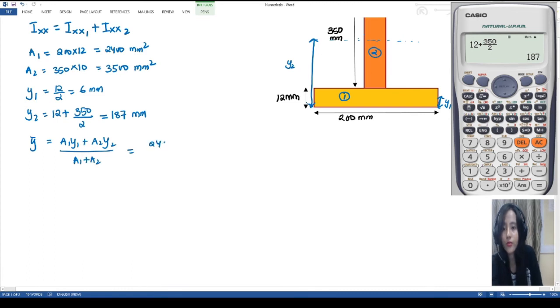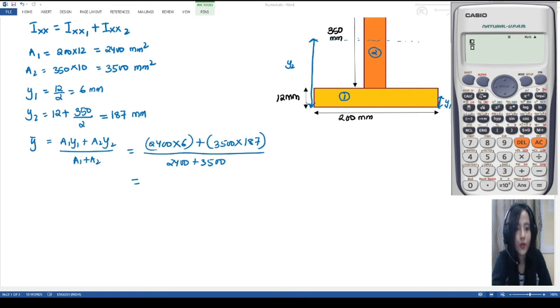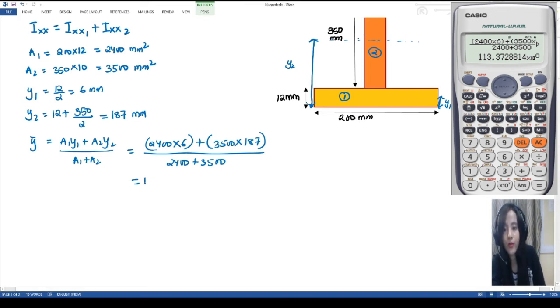So area 1 is 2400 into y1 which is 6, plus area 2 is 3500 into y2 which is 187, divided by the total area. This is coming equal to 113.37 mm.